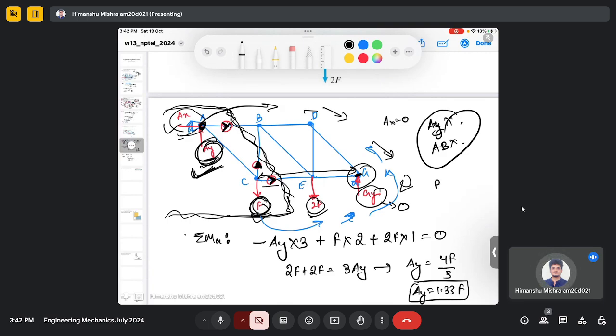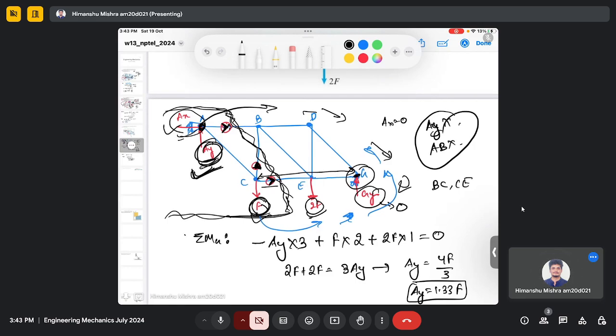But force BC and force CE will create a moment. So force F will create the moment as well. So these three forces will create the moment along point A.